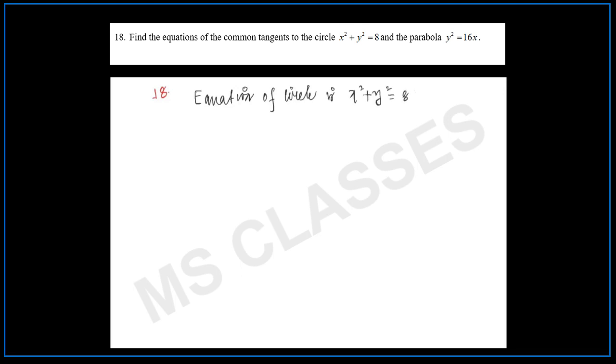So this is the equation of a circle, which we mark as equation 1. Now we have another curve, which is the equation of a parabola, that is y square equal to 16x. And we have to find the equation of the common tangent, which will be tangent to the parabola as well as the circle.